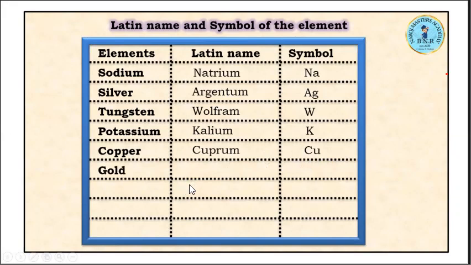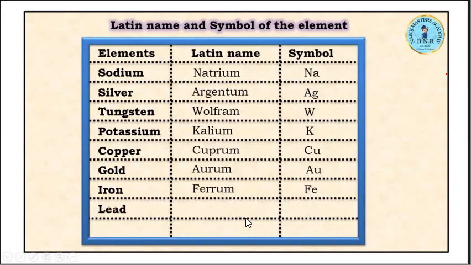Gold is aurum. Au is the symbol. Iron: its Latin name is ferrum, and its symbol is Fe.